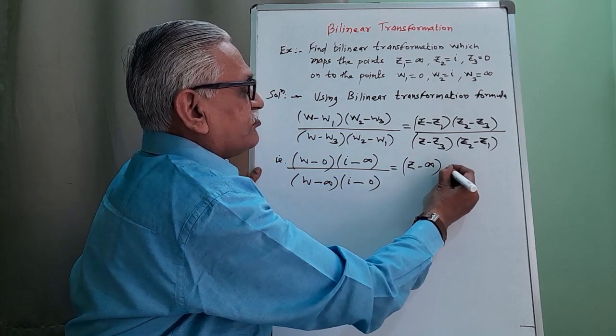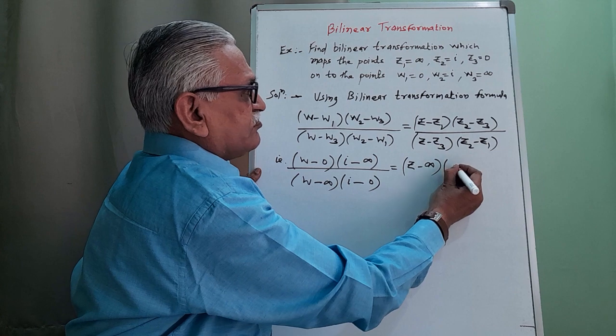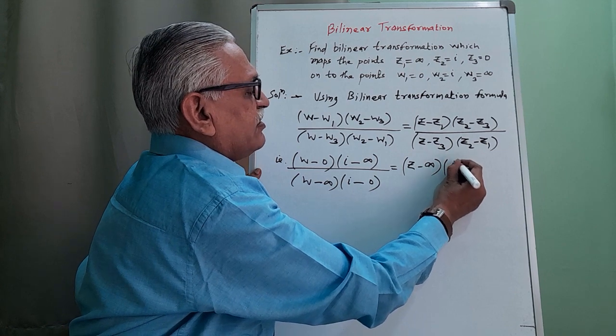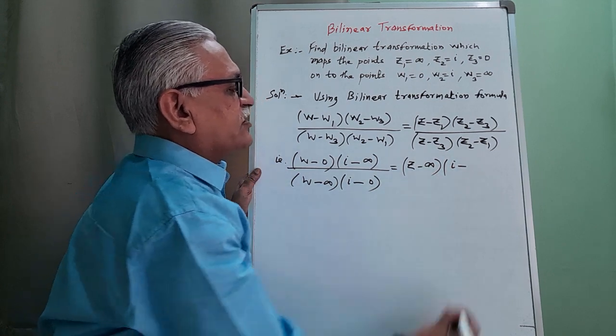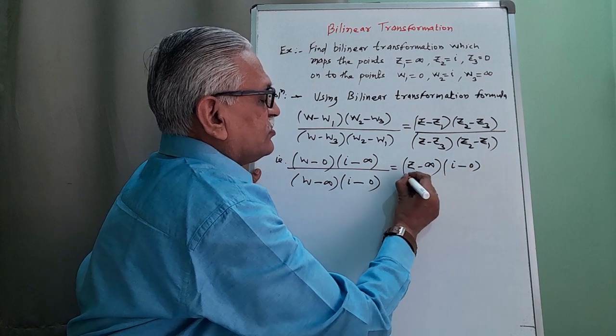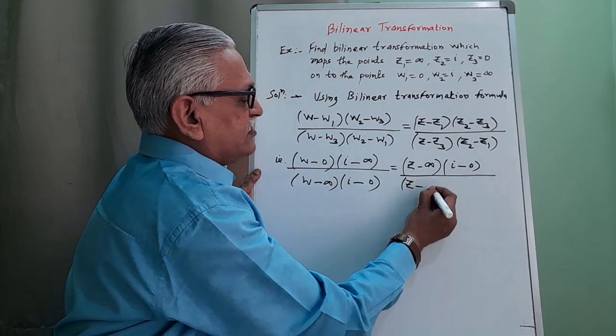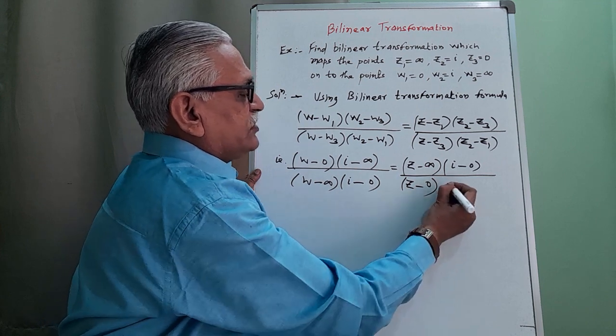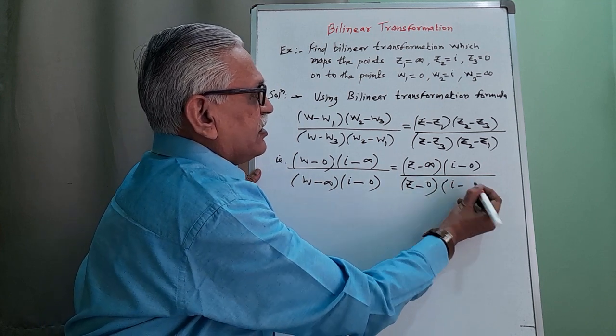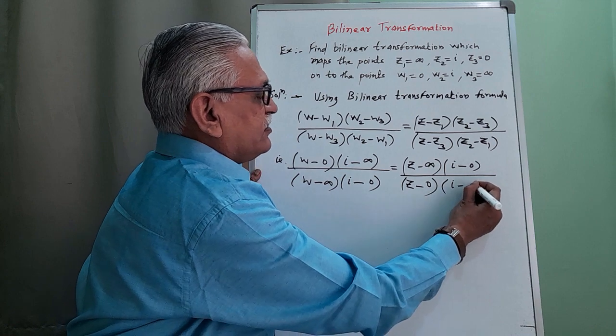Next, Z2 is i, minus Z3, 0, divided by Z minus Z3, 0, Z2 is i, and minus Z1, it is infinity.